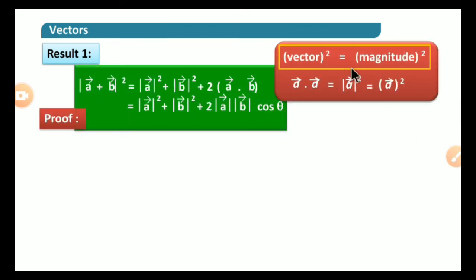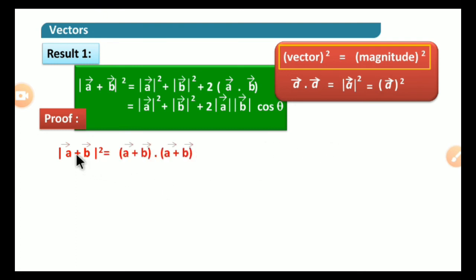Already we have seen in the previous result that vector square can always be written as magnitude of vector A square. Therefore, we will use this in this result.